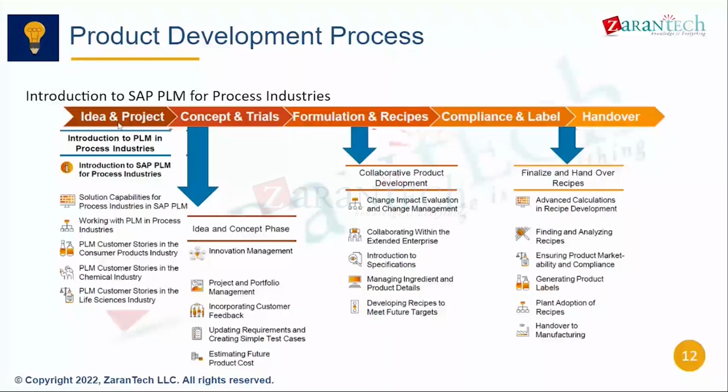This is a very standard kind of stages, which is mapped into SAP PLM, and there are some business activities mentioned here, as you can see: innovation management, then project and portfolio management, estimate future product cost. These all are part of project and portfolio management.